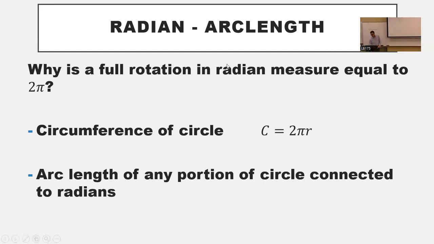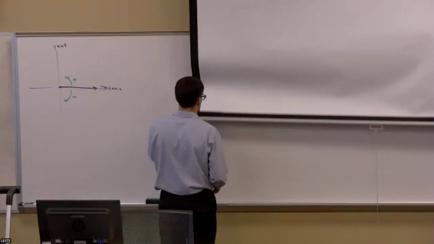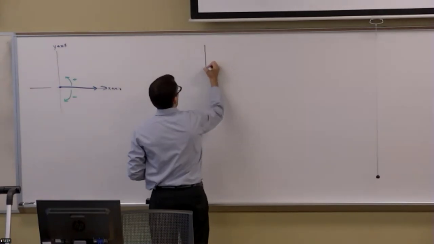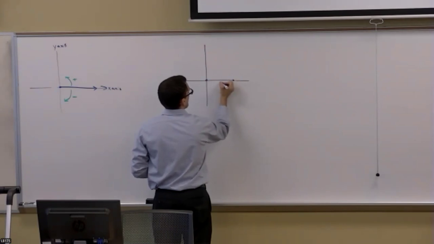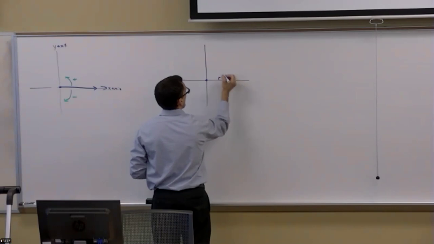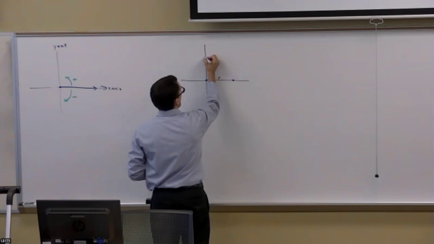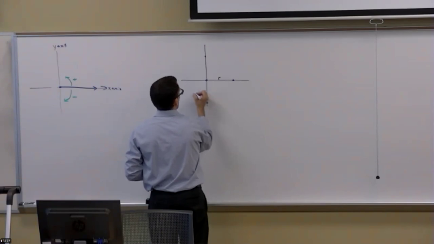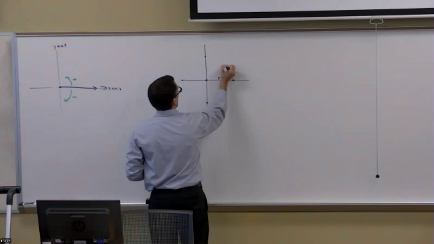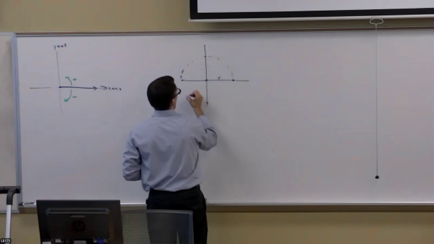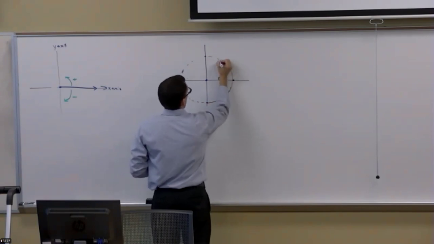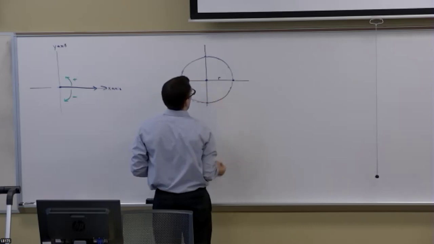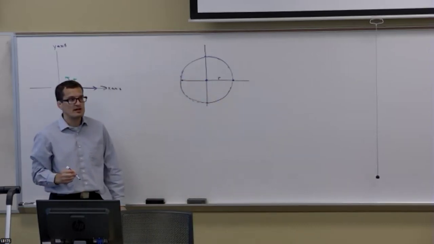You guys know what I mean by arc lengths of a circle? So if I draw a circle centered at the origin, let's just say of radius r. So think of this.